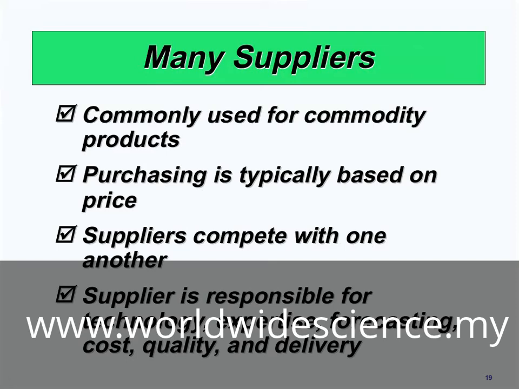So it should negotiate with many suppliers, because if one supplier cannot provide the needed material for the company, the company has to provide the rest from other suppliers. Purchasing is typically based on price. When there are many suppliers, companies select those which offer less price.